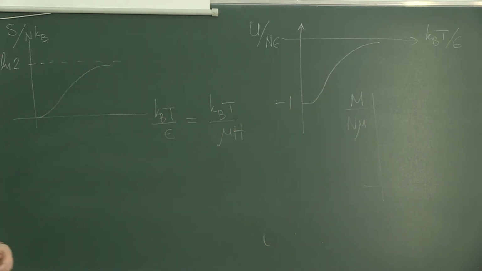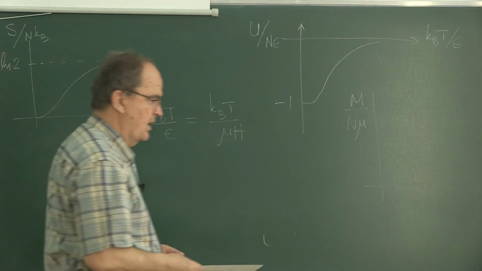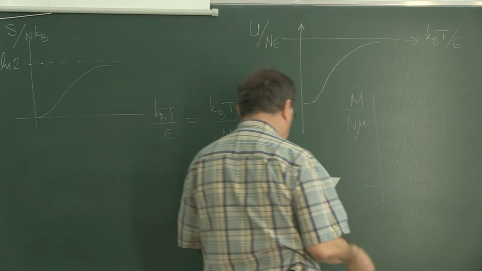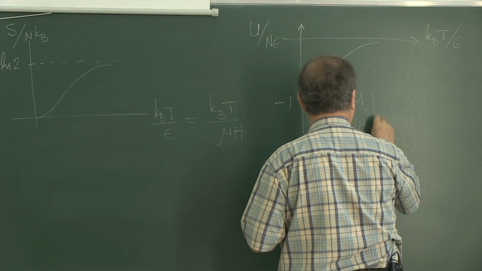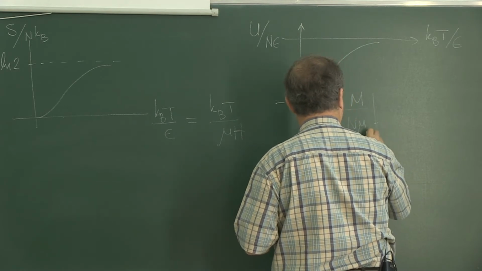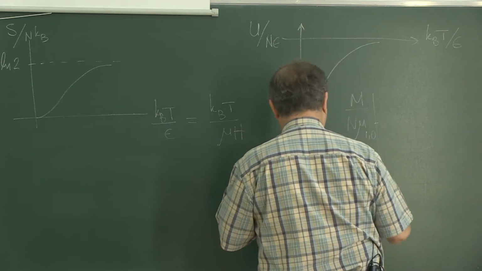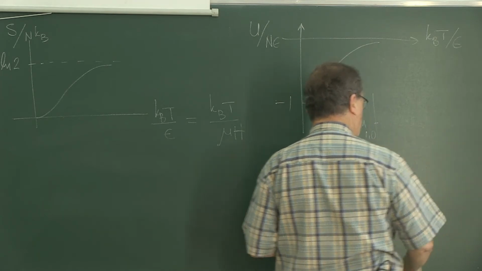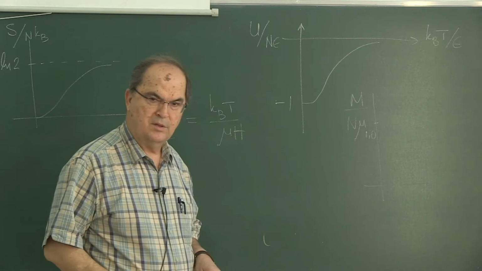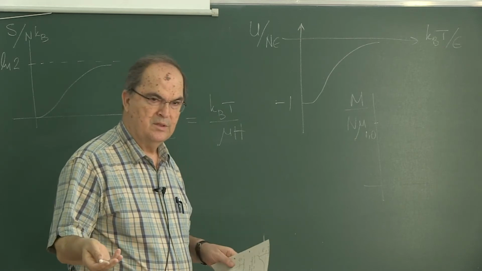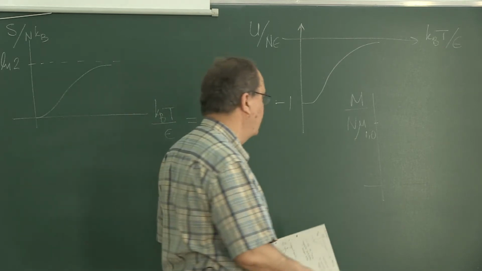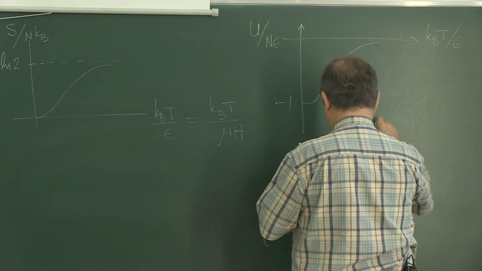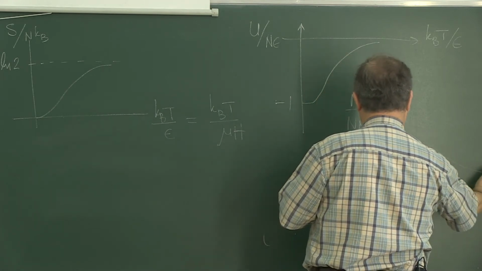At low temperatures, everything is magnetized in the same direction, so it must start from 1. And as temperature is becoming larger and larger, magnetization will be killed. It will go to 0. So it's something like this.